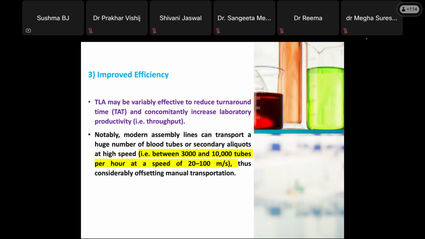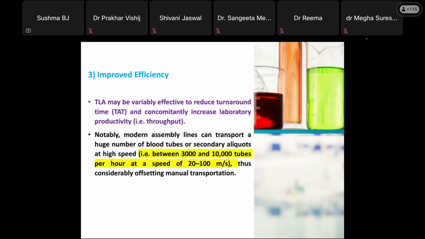Point number three, it is improved efficiency. The total laboratory automation may be variably effective in order to reduce the turnaround time and concomitantly increase the laboratory productivity. Within a short span of time, we can perform n number of samples and n number of tests. The results can be reported in a very short duration of time.